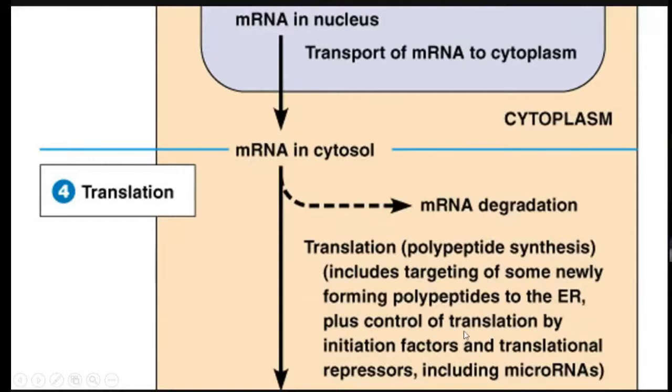Meron rin ng pag-initiate ng control ng translation, nung initiation factors ng control ng translation, and meron ding mga translation repressors tayong nakikita. And yung favorite kong part actually dito ay yung microRNAs. So, merong function sa translational repression. Yung ginagamit dito ay yung RNA interference na makikita natin mamaya.